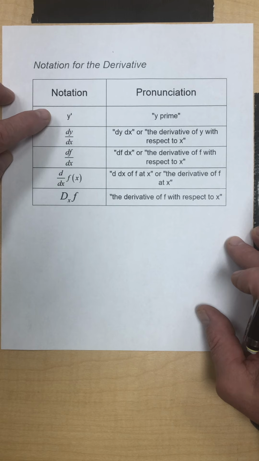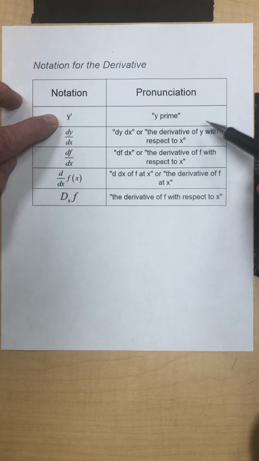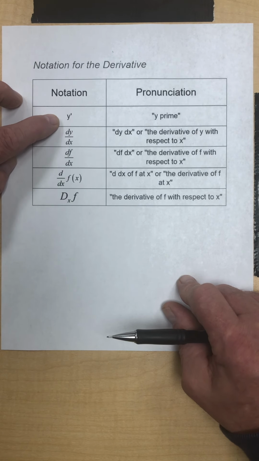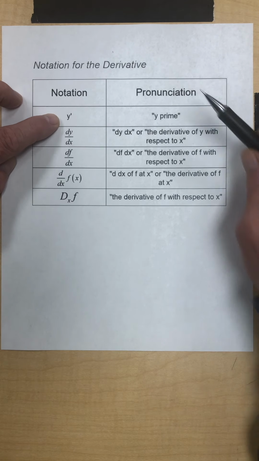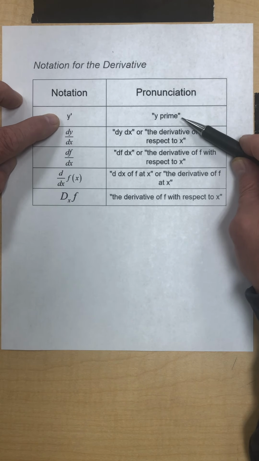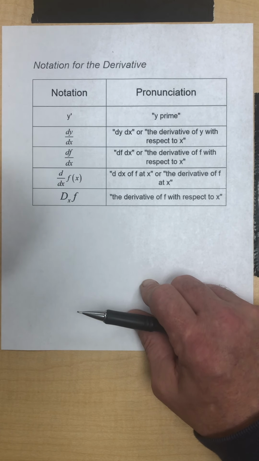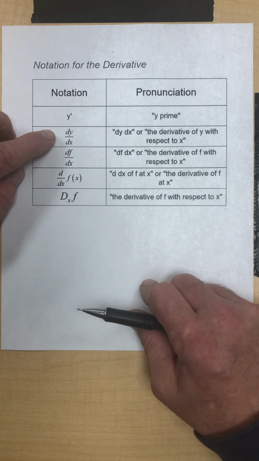So when we're talking about the derivative of f of x or the derivative of y, sometimes we just use this prime notation. So we just say y prime or f prime, and that means we're taking the derivative of y, or the derivative of f.